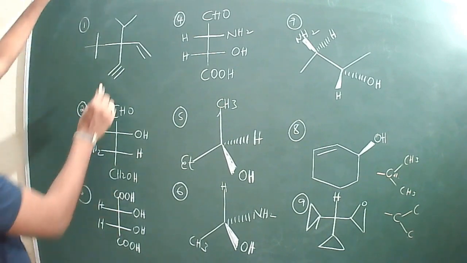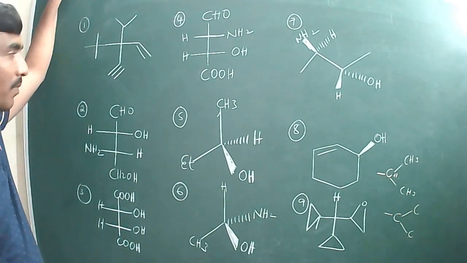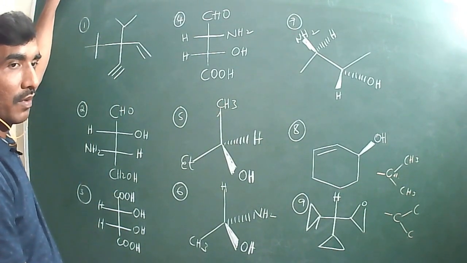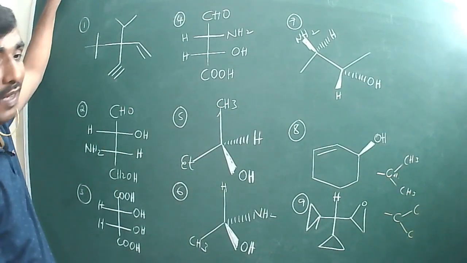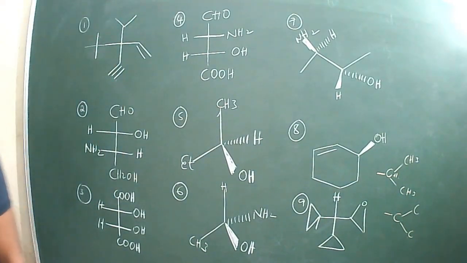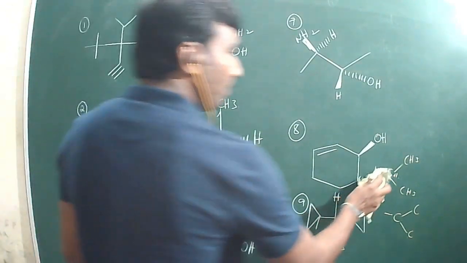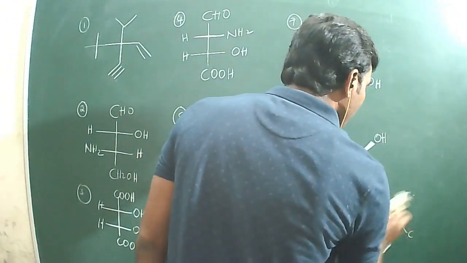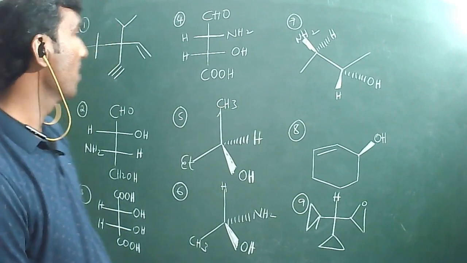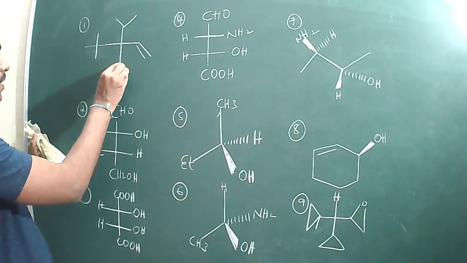Then what about this priority? This is the case, very important. You just give the CIP sequence rules. Priority order I want. First, let me take this one.